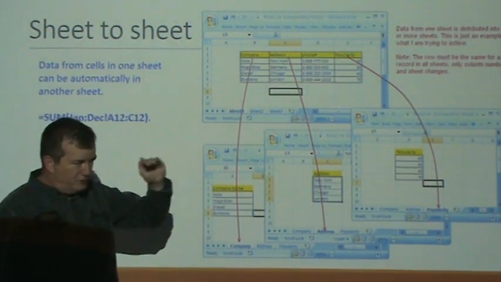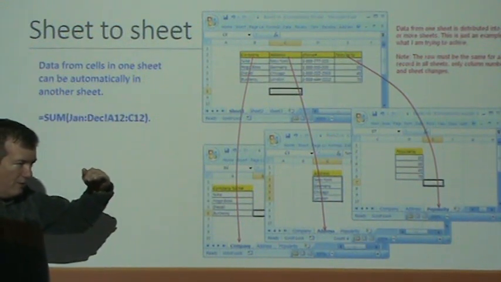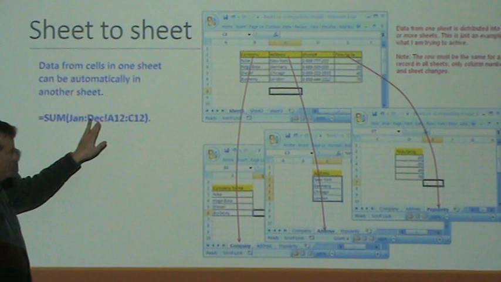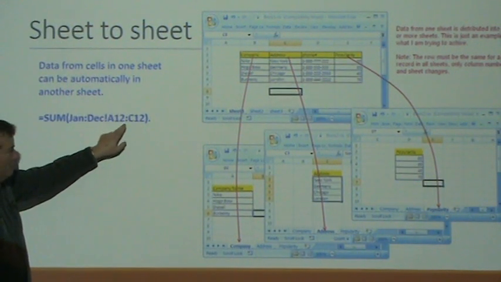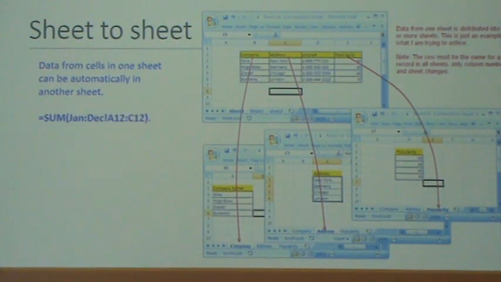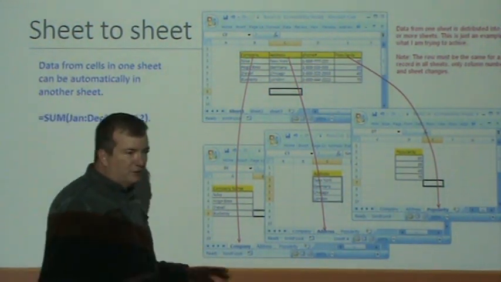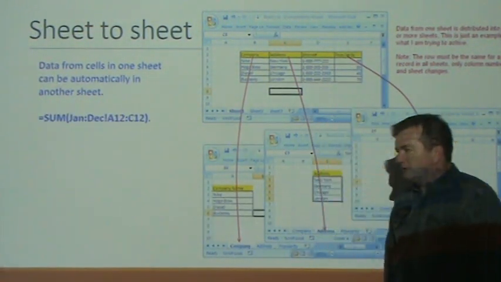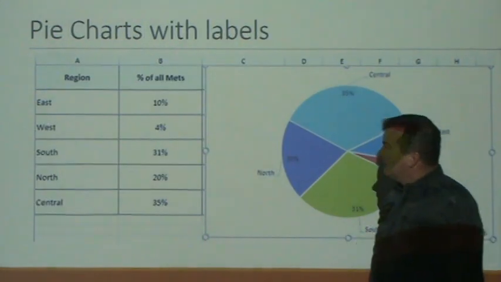So you want to make sure your sheets are in order, because it'll start with January and go to the next one, and the next one, until it hits the December sheet, and it'll take the fields A12 through C12 on all of those sheets and add them all up. So just because your data is scattered across multiple sheets doesn't mean you can't have one box total up numbers on various different sheets.